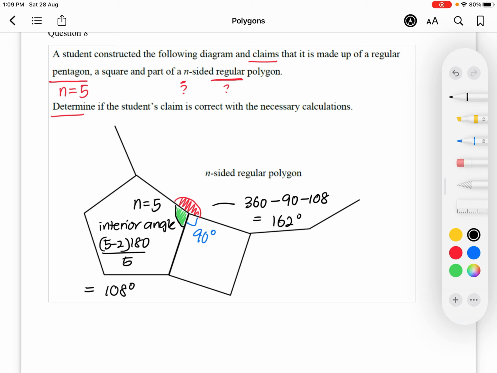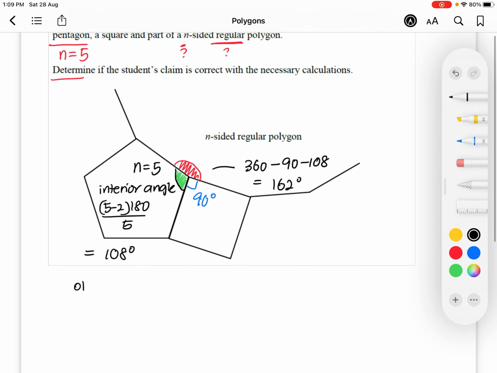So now I know 162 degrees. These are the information that I have. What can I find? 2 objectives. Number 1, what is the value for n? So objective is to find n, and then explain whether it is really a regular polygon.